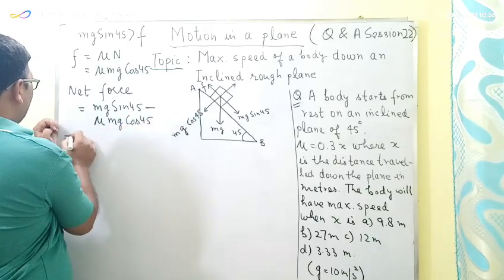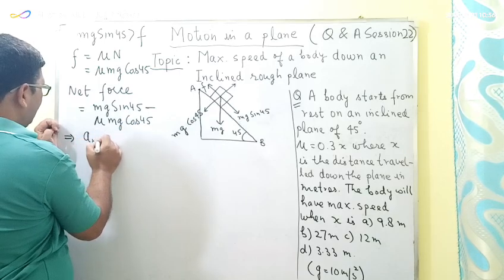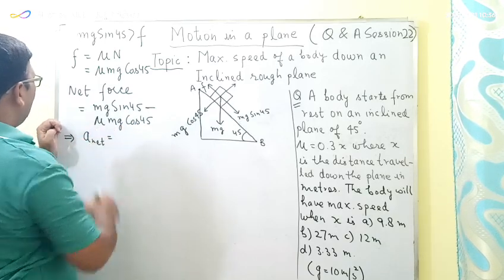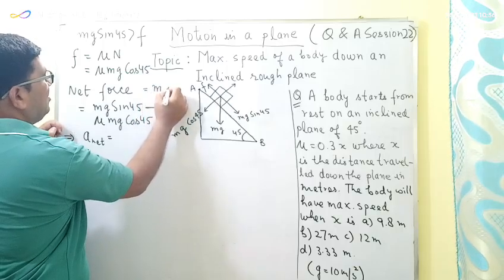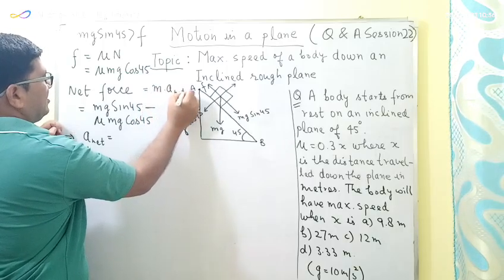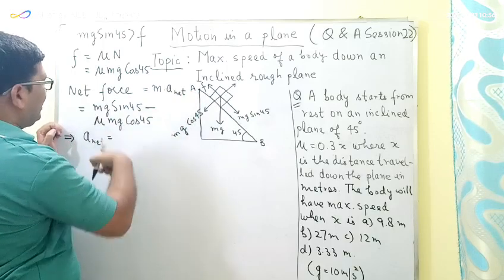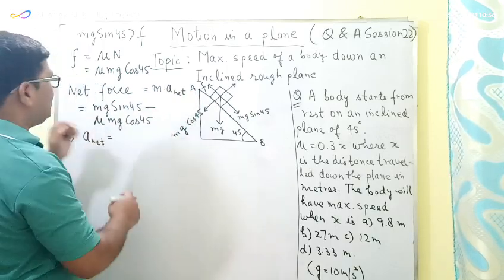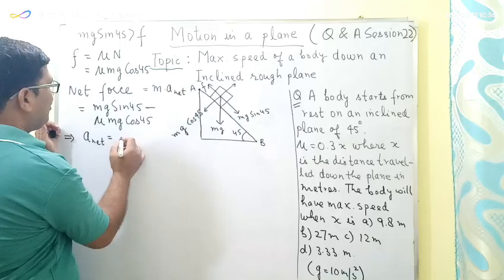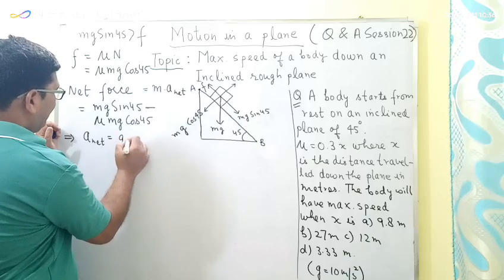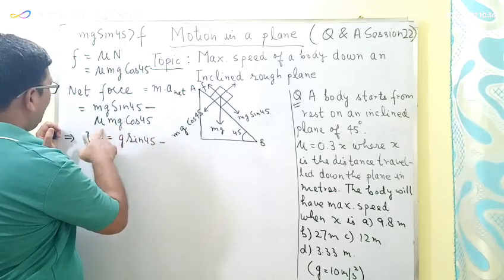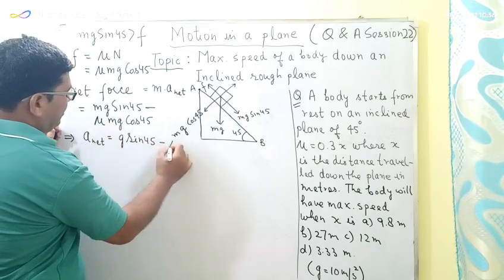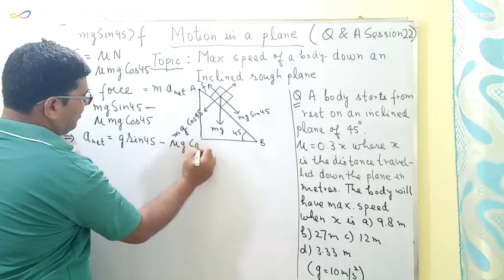This is equal to m into the net acceleration. The m on both sides cancels, so the net acceleration will be equal to g sin 45 minus mu g cos 45.